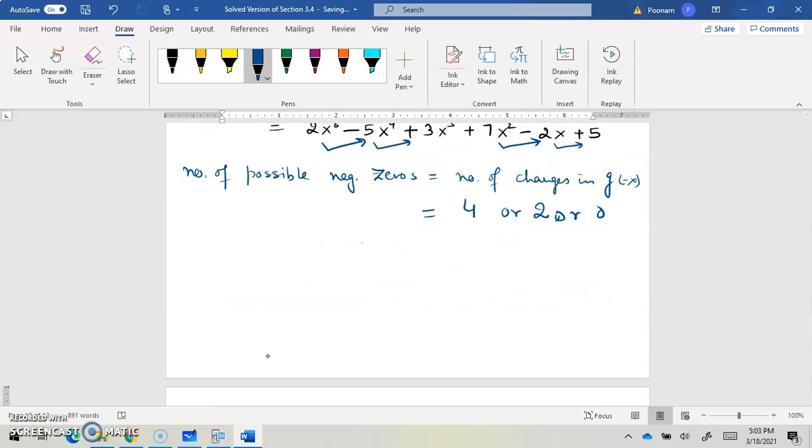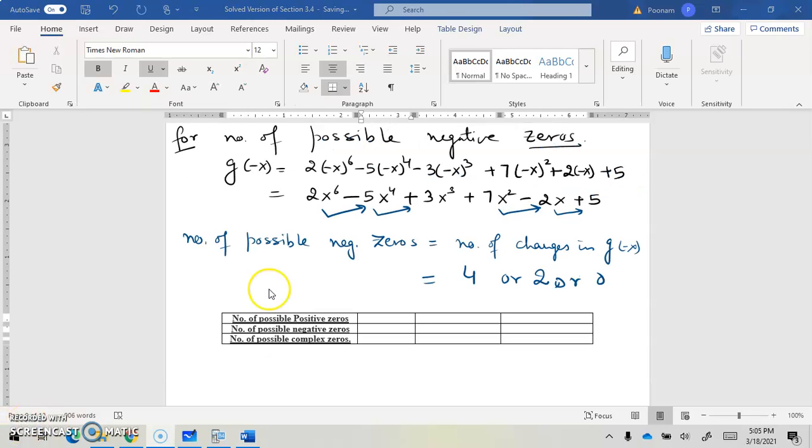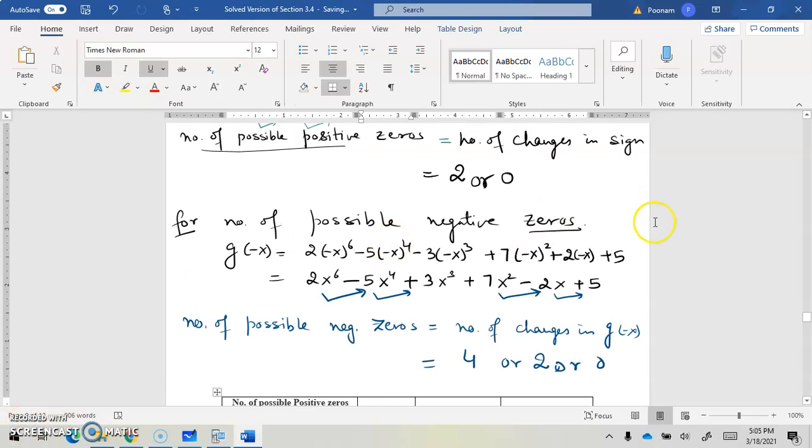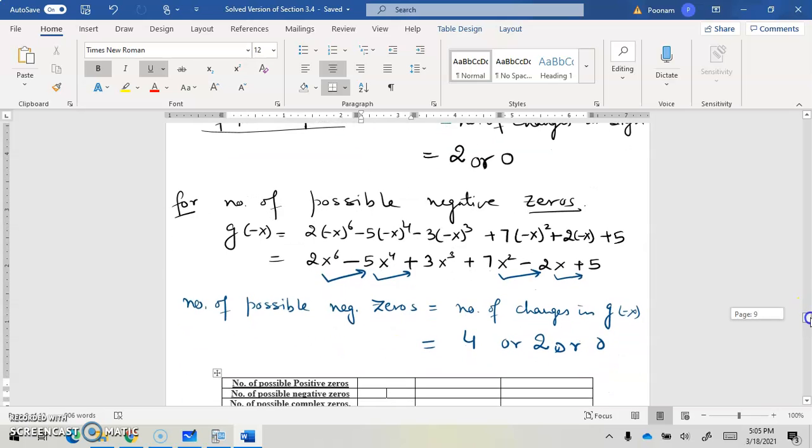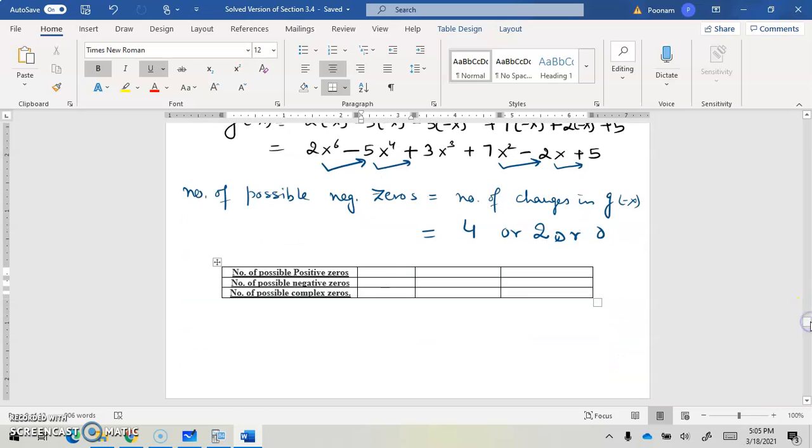So let's analyze all of this. So let's look at the whole function one more time. We have a function whose degree is 6. That means it can have 6 zeros total. And possible positive zeros are either 2 or 0. And number of possible negative zeros are 4, 2 or 0. So, let's say the positive zeros are 2 and the negative zeros are 4, then the complex zeros will be 0.